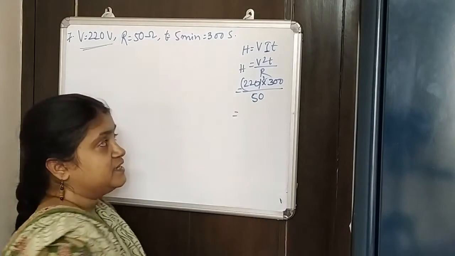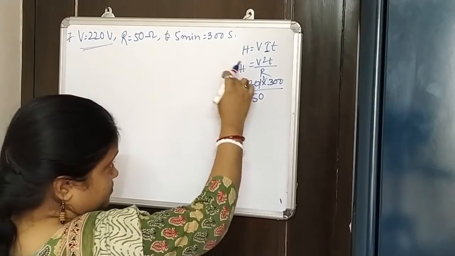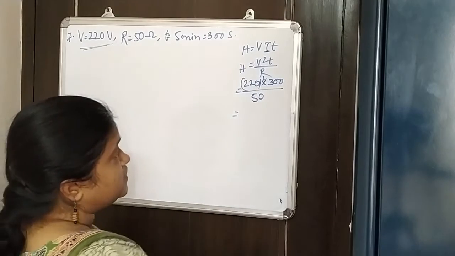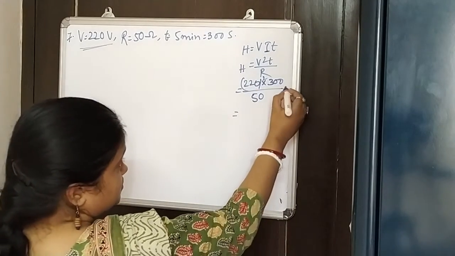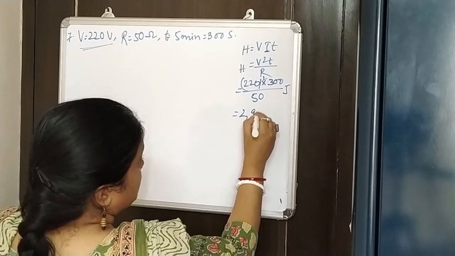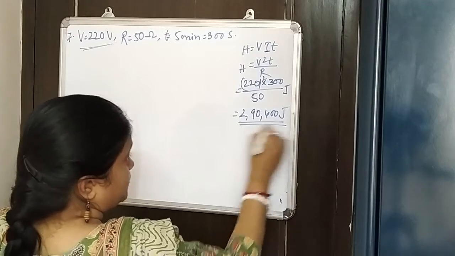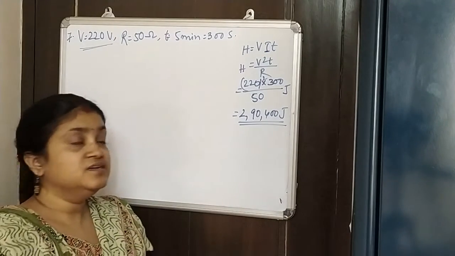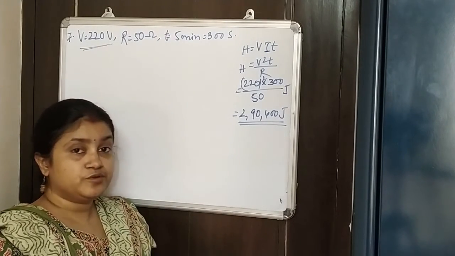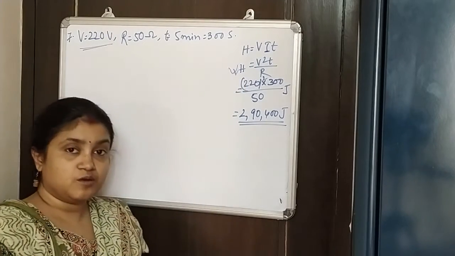Once you plug in and calculate, this calculation gives me the heat in the unit of Joule. This will be 2,90,400 Joule. So this is the amount of heat that would be produced in this particular circuit using Joule's heat law.